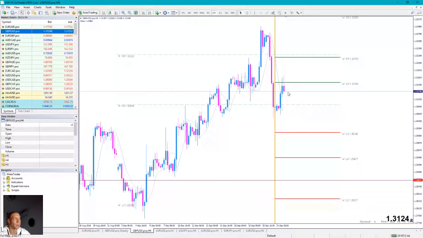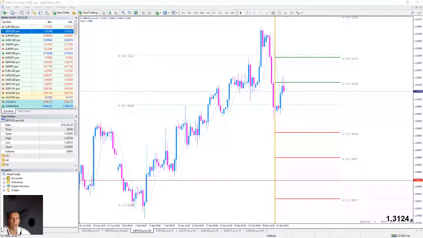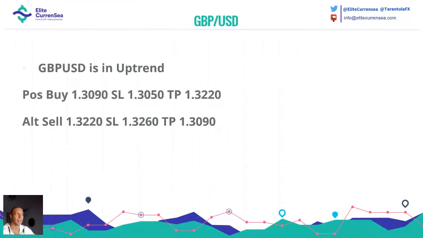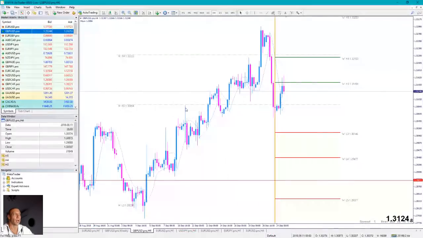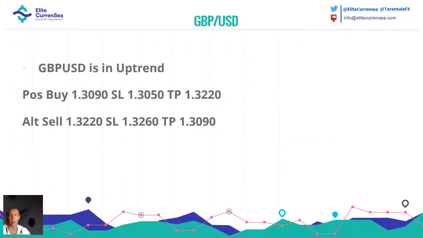It could bounce from this level, and we can see that 3220 is the target. If the price bounces from this level, this could be a final target, so you can hold it. And I think the price will reject from this level straight down. So this is the setup for the GBP dollar.